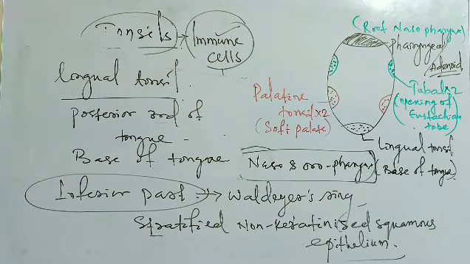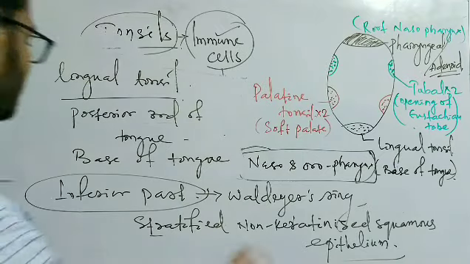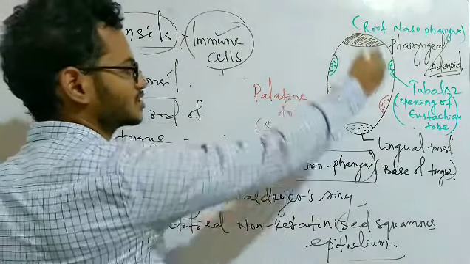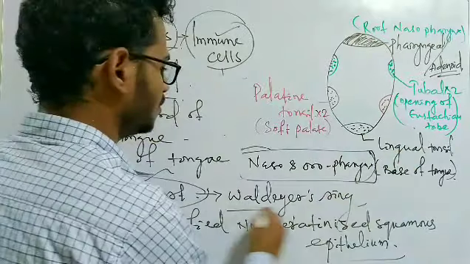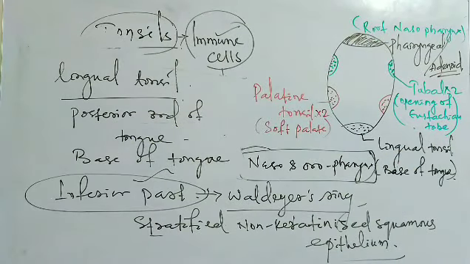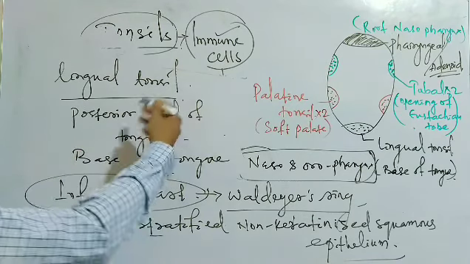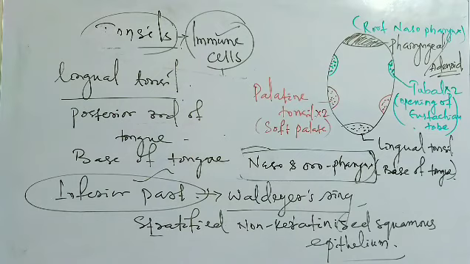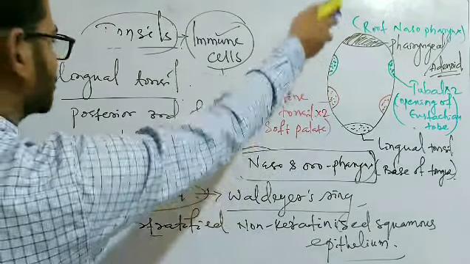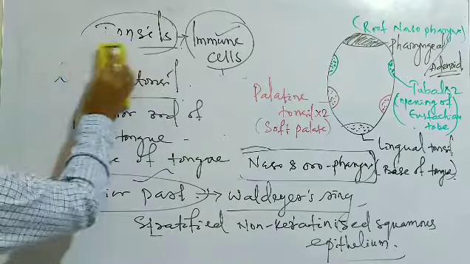So this is all about the lingual tonsil, or the inferior most part of the Waldeyer's ring. Clear? So this is lingual tonsil, present at the base of the tongue or the posterior third of the tongue. Next we will go for the top tonsil, that is the pharyngeal tonsil, which is present at the superior location.